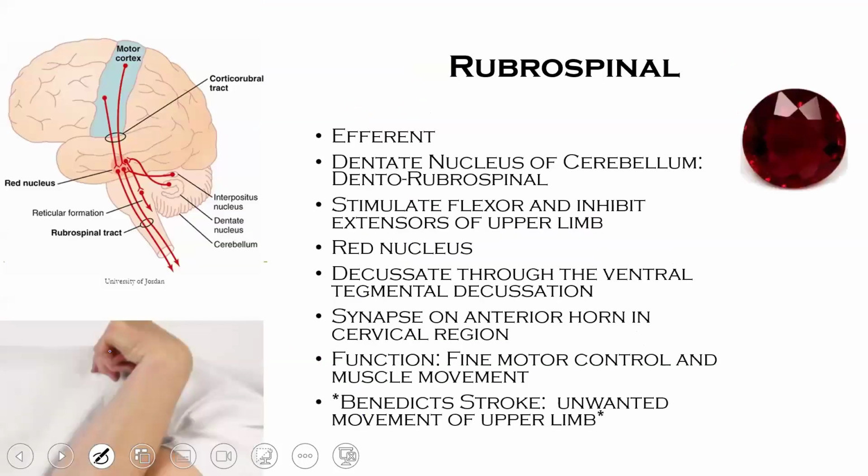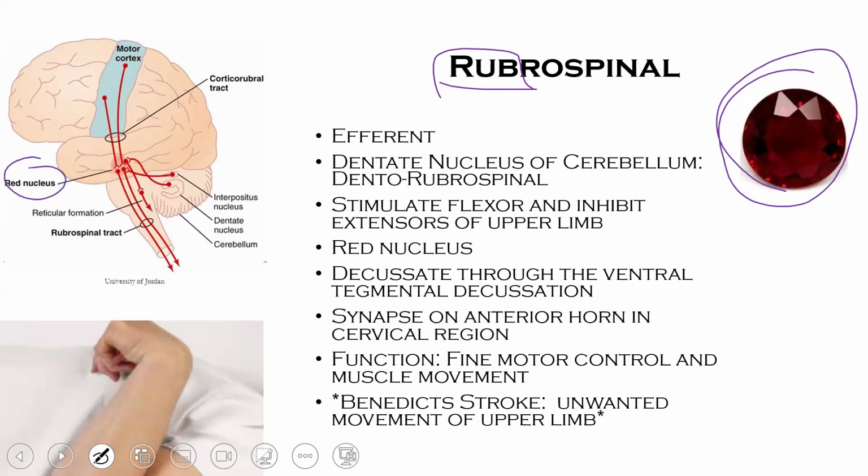Okay. Now, rubrospinal tract, we saw that one mentioned. Rubro, okay, ruby red. It's the red nucleus, the red nucleus of the midbrain. This is a motor pathway that's going to connect the cerebellum to the red nucleus of the midbrain.